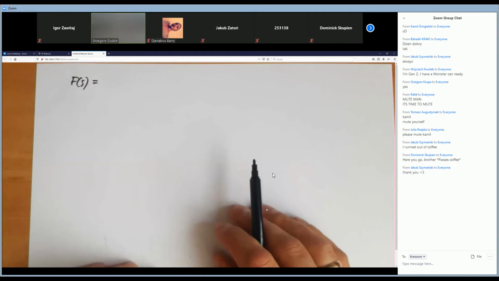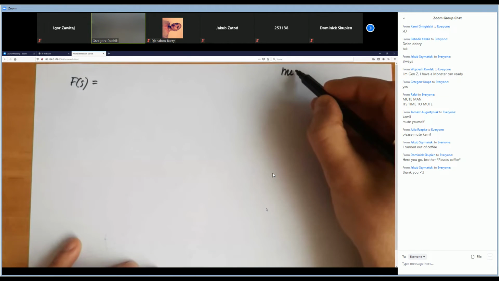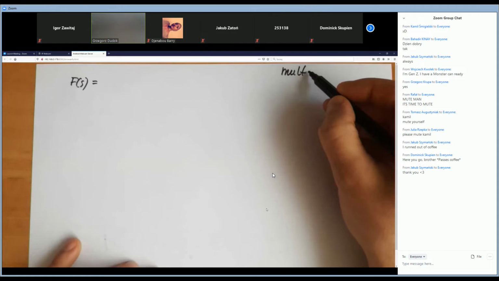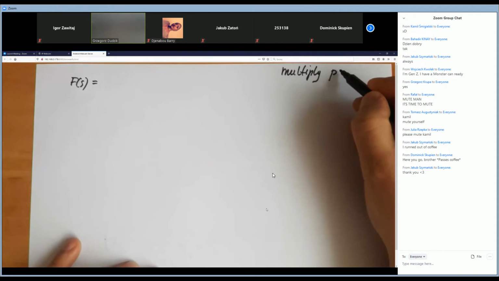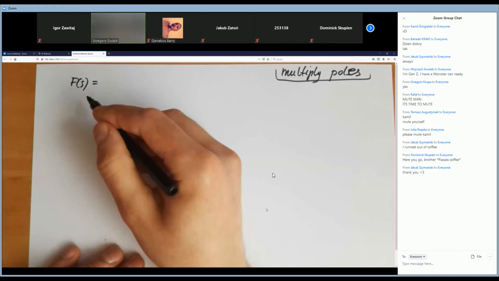So the next example will be for multiple poles. Okay.